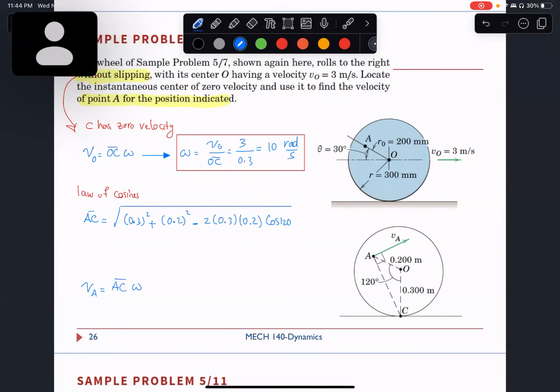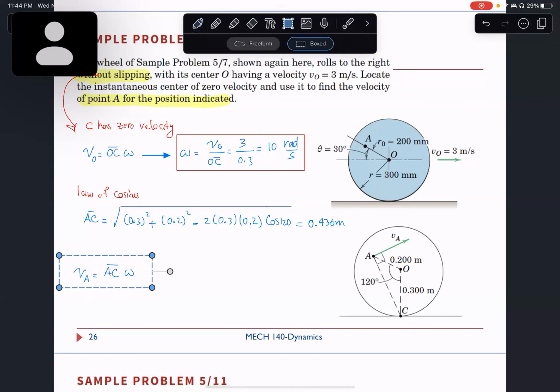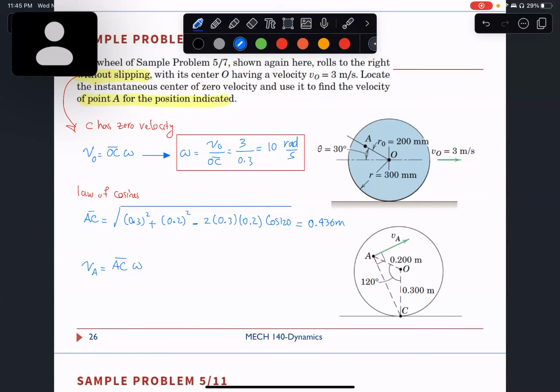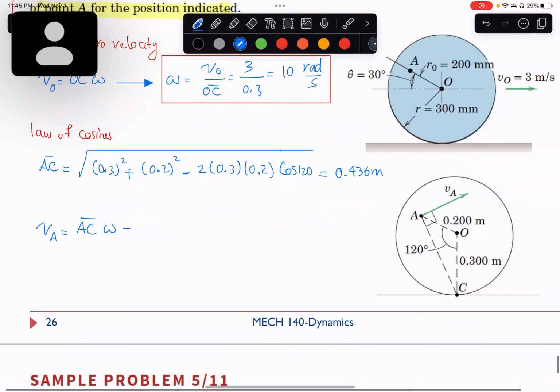You don't really need to use the law of cosines, but I think it helps you. I'll go over it in class. But this gives us the length of AC equal to 0.436 meters. Okay, so we're basically done. The length of AC, 0.436, times omega, which is 10. This length AC times omega is 4.36 meters per second.